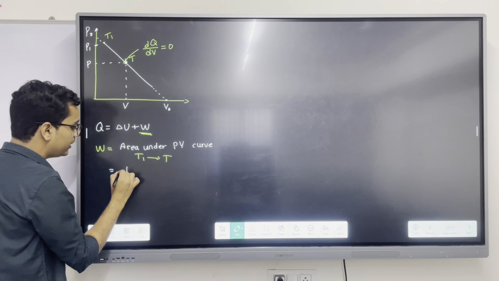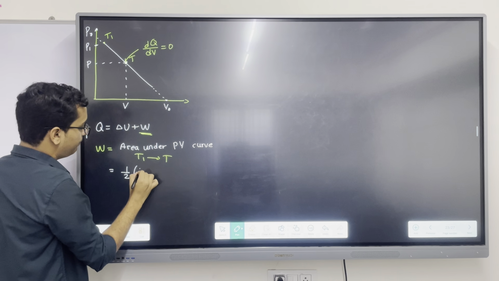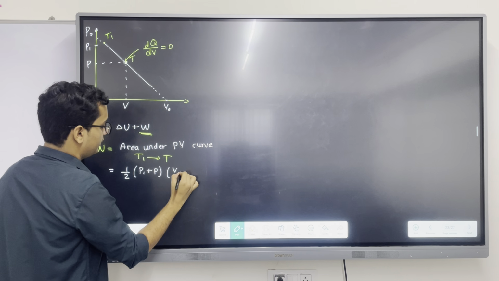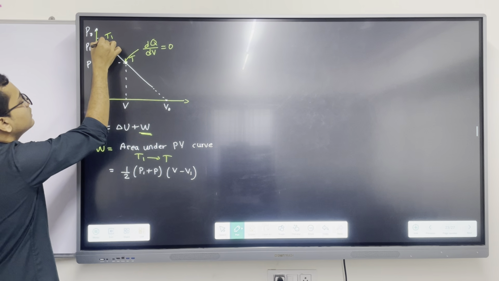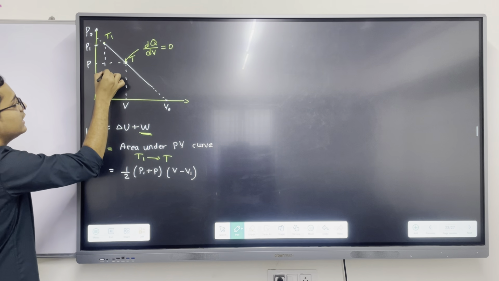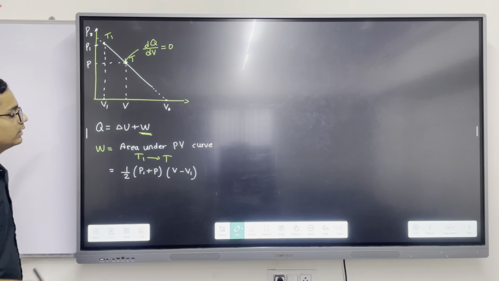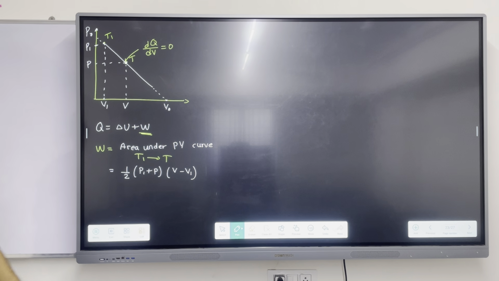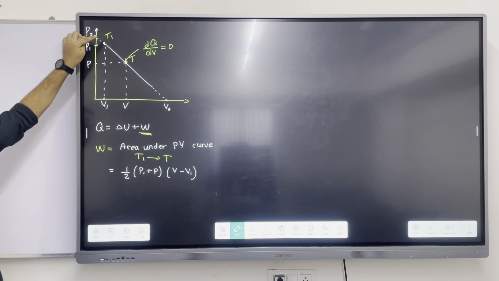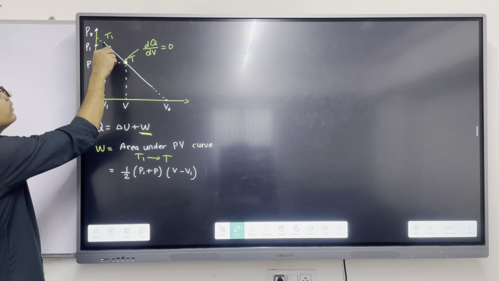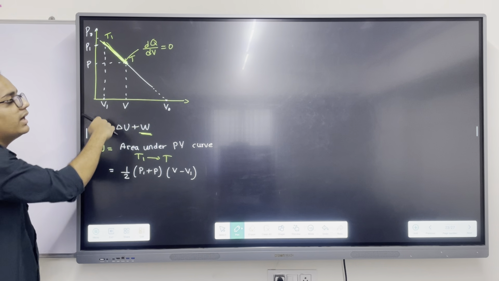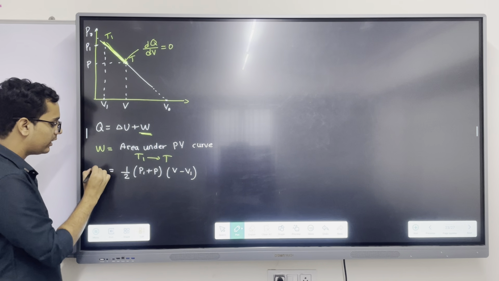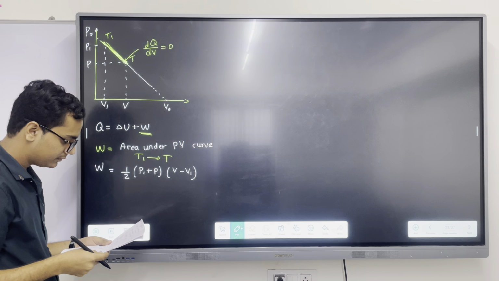So the area is half of P1 plus P into V minus V1. So I calculated this complete area. I'm going from T1 to T in this particular process, so the area under the curve is this. You can calculate that area under the curve. Clear?